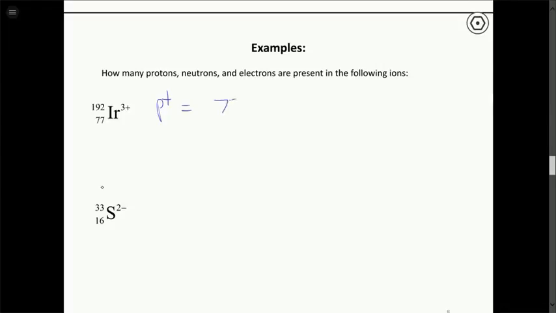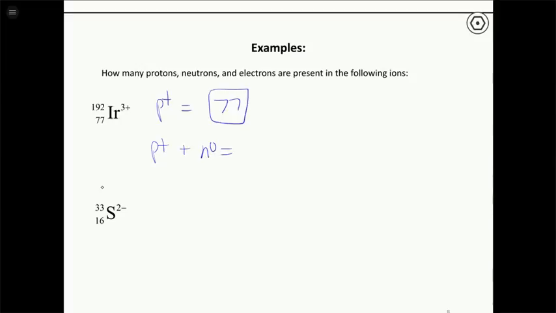We have 77 protons because, as the symbol tells us, the atomic number is 77. That's the bottom number here. And then the number of protons and neutrons comes from the mass number. The sum of the two is equal to the mass number, which is 192 for this ion.